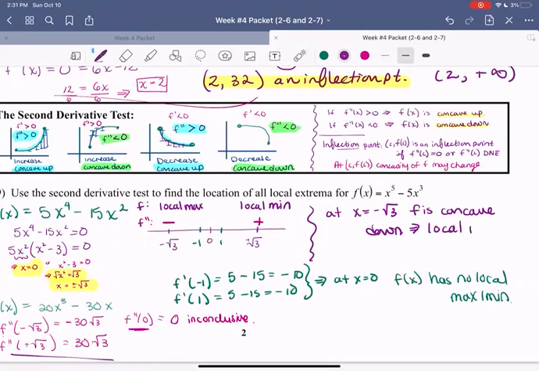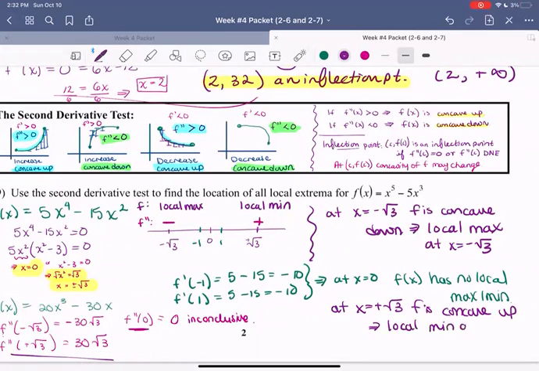So it implies a local max at x equals -√3. And in a similar way, at x equals +√3, f is concave up, which implies that we have a local min at x equals +√3.